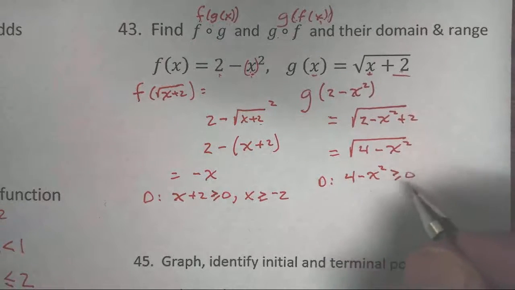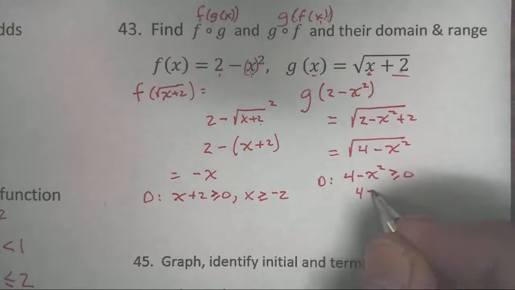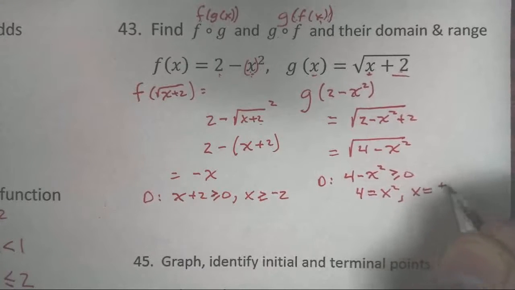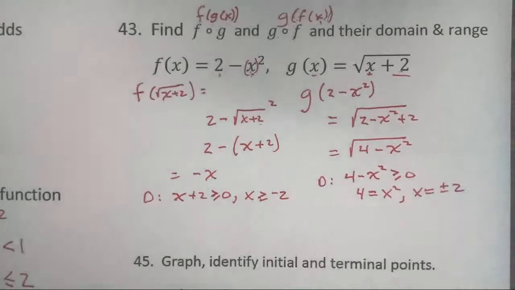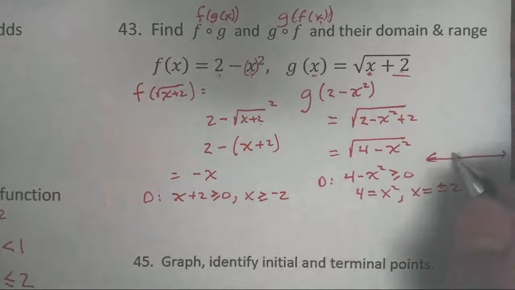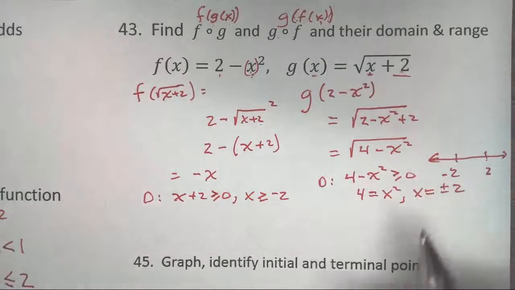So I'm going to treat this as an equality, and I'm just going to solve for x squared. 4 equals x squared. Therefore, x equals plus or minus 2. On a number line, I'm going to handle that right up here. That means that negative 2 and 2 are pretty interesting values for me.